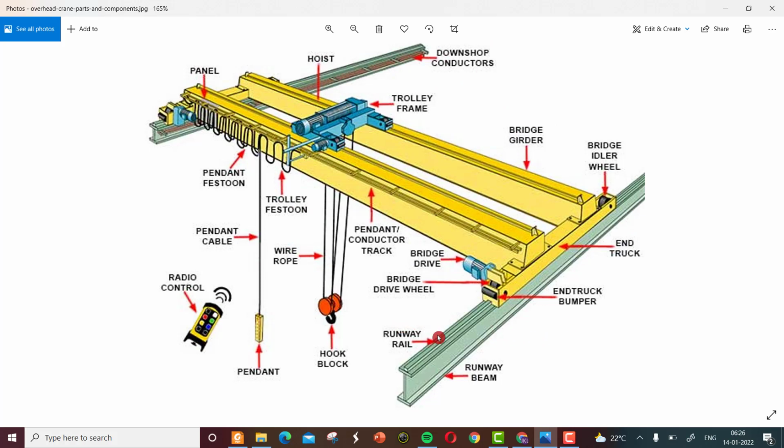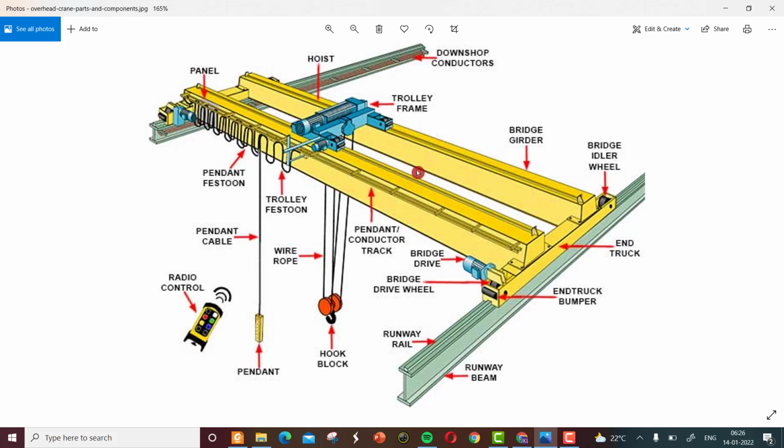To introduce the different loads acting on this gantry girder, it includes the weight of the crane truss and the weight of the crab. In addition to these dead loads, due to the movement of the crane truss to and fro, backward and forward, there will be a longitudinal thrust on the gantry girder.